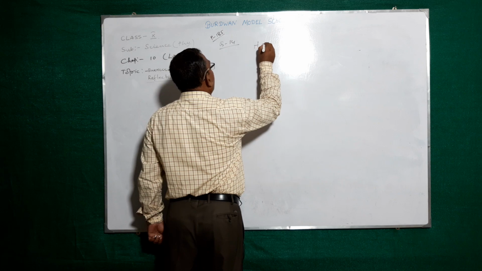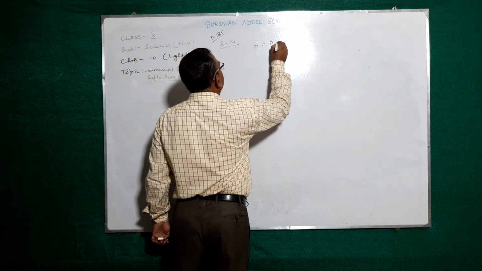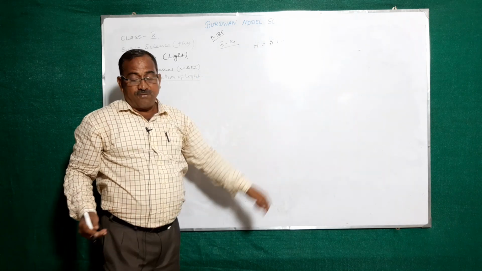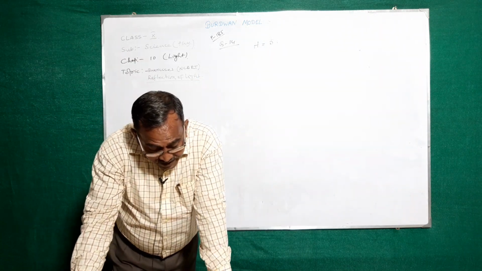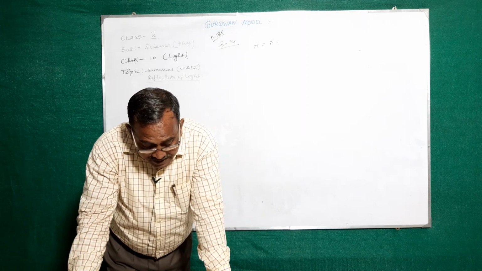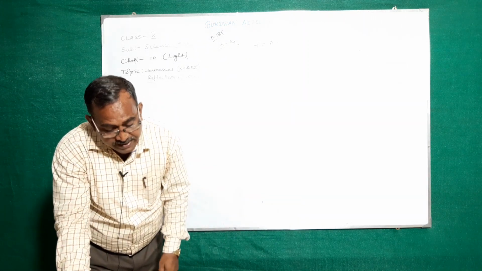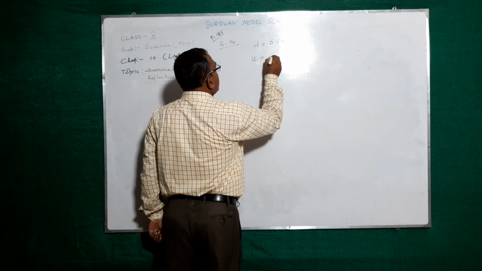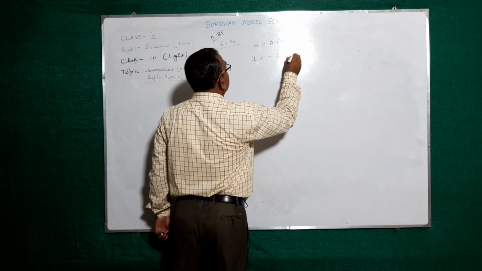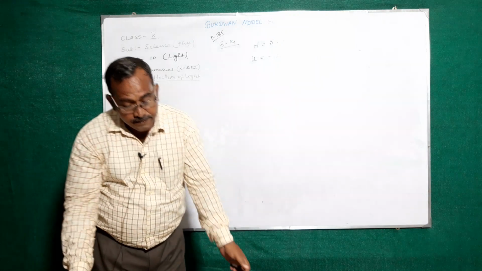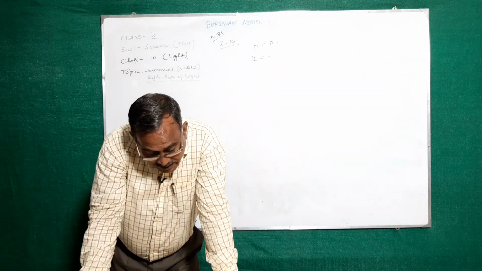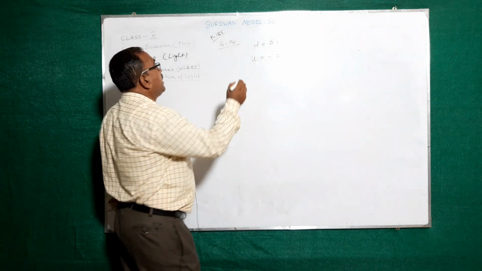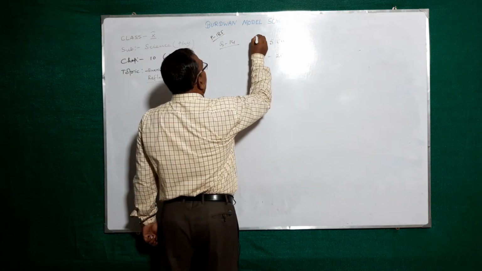Object height or length is 5 centimeter. It is placed at a distance of 20 centimeter, which means object distance is 20 centimeter, in front of the convex mirror.